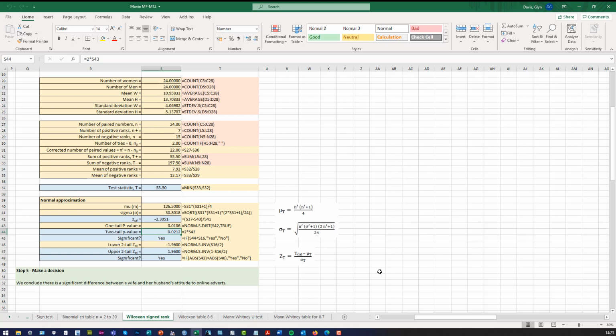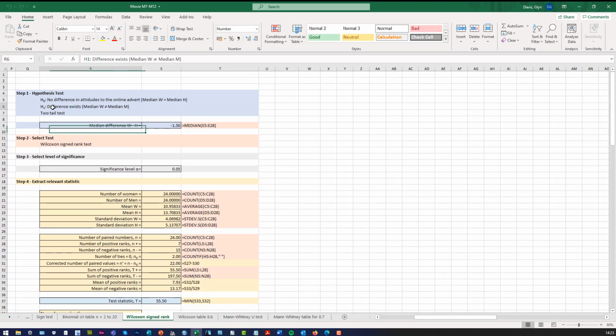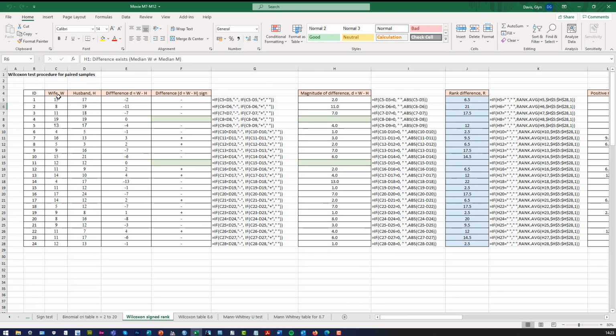The 0.02 is smaller than 0.05, so we rejected the null hypothesis and accepted the alternative hypothesis. So based upon the sample data, the evidence suggested that a statistically significant difference exists between how wives and husbands rate particular marketing advertisements.